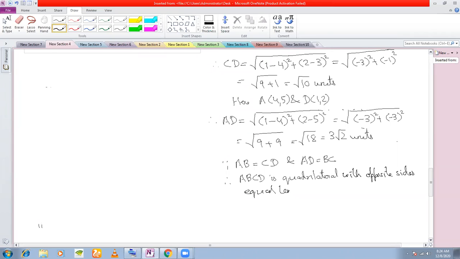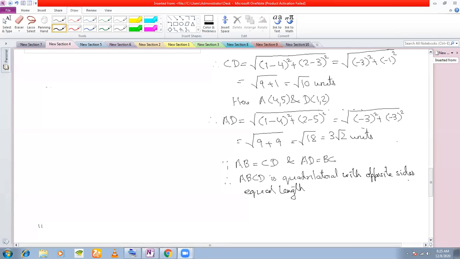So what can it be? Which quadrilateral has opposite sides equal? A parallelogram has opposite sides equal. It cannot be a rhombus because a rhombus has all sides equal. It cannot be a square also because a square also has all sides equal. It can either be a parallelogram or a rectangle. Yes, it can be a parallelogram, it can be a rectangle.